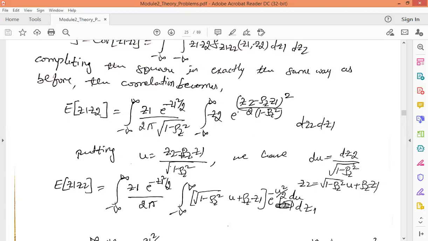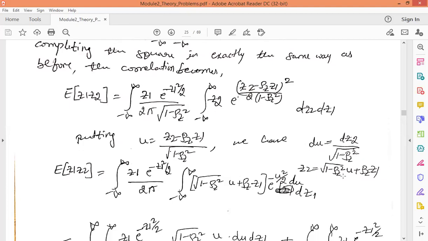Now, in order to simplify this, once again we are going to make the substitution u equal to z2 minus rho_z z1, divided by the square root of 1 minus rho_z square. So we can also get du as dz2 by the square root of 1 minus rho_z square. In the previous derivation we have seen this.